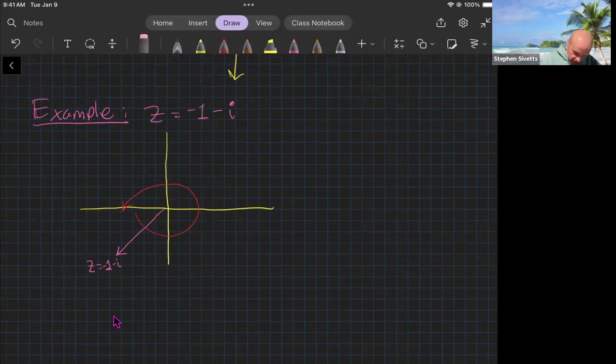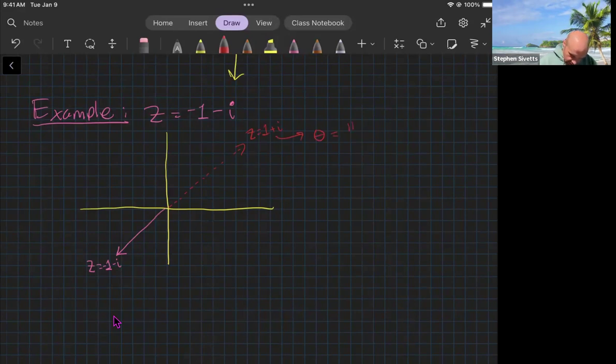So in order to do this, all we have to do is look at its reflection, right? So it would be 1 plus I. Calculate the angle for this complex number.